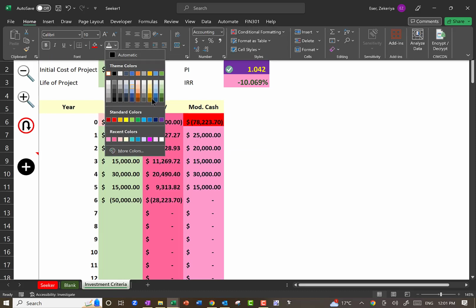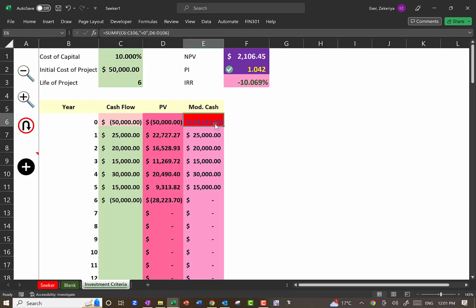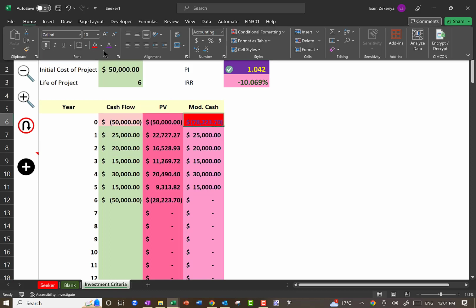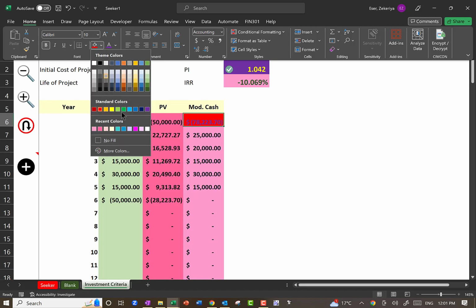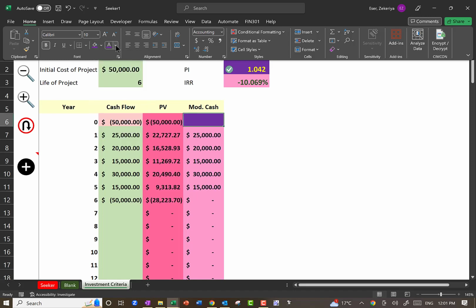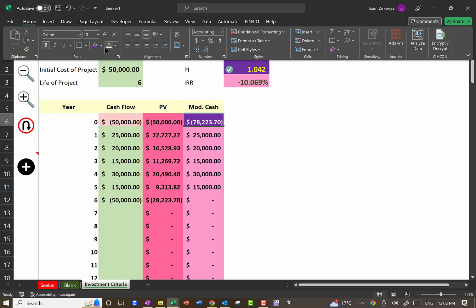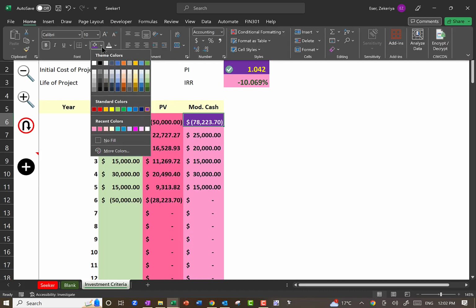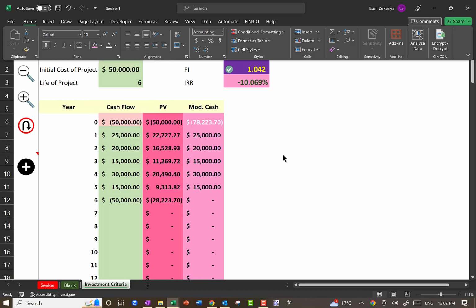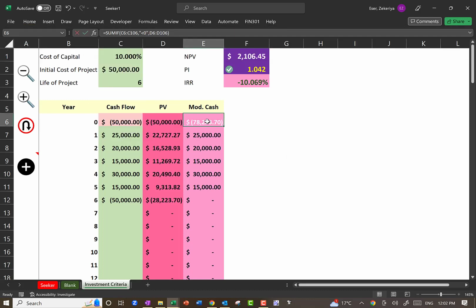Purple maybe, because it doesn't show well. This one is purple. This one is white. Can you guys see it better now?